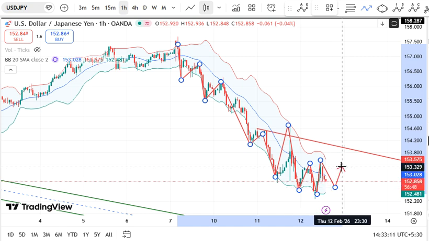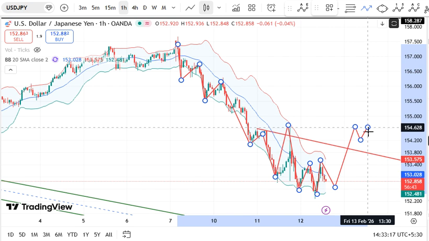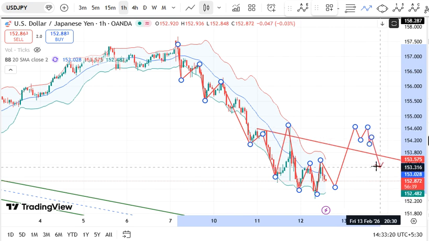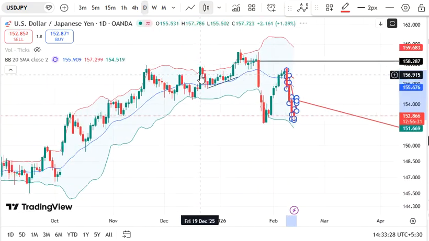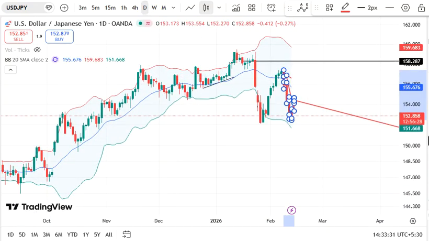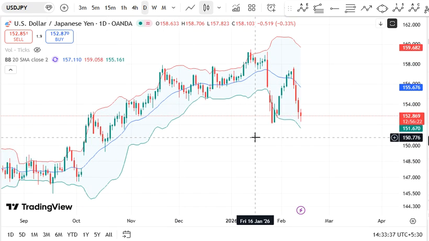What we can look for is a little bit of retracement, and then lower highs, lower lows, and that could be our opportunity to short USD JPY, because as you can see in the daily time frame, the bearish candles are very strong candles. So in this situation, we shouldn't look for buying opportunities. If you get any buying opportunity, don't enter into USD JPY. Wait for the bearish opportunity.